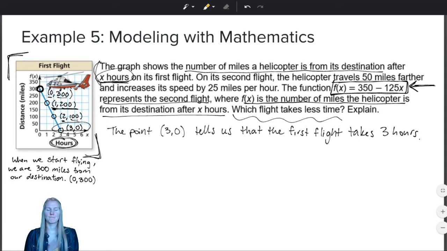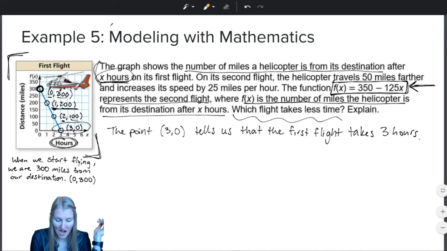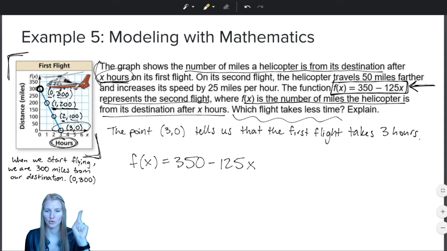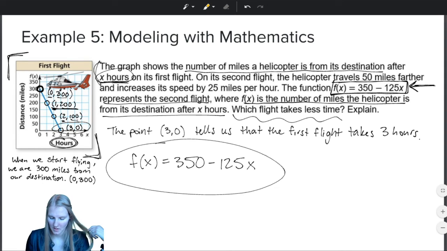Okay. How long does the second flight take? Because we want to know which one takes less time. Well, for the second flight, I don't have a graph to look at. I have an equation. I have f of x equals 350 minus 125x, and this is for the second flight.